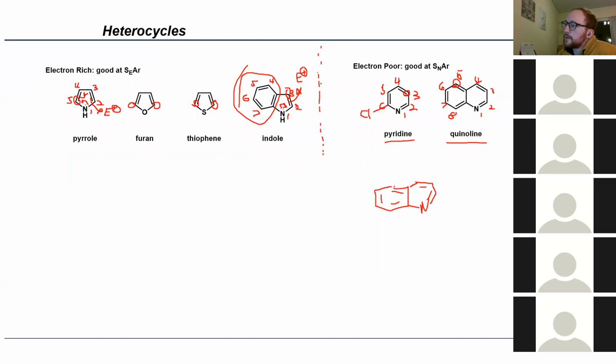So let's compare electrophilic attack at, sorry, actually, let's move the double bonds around for the sake of argument.